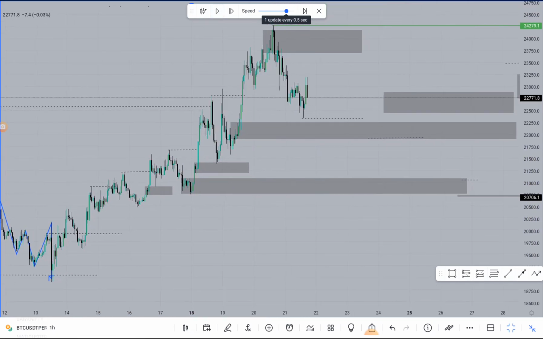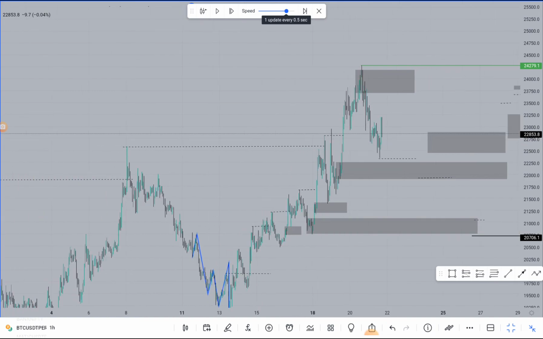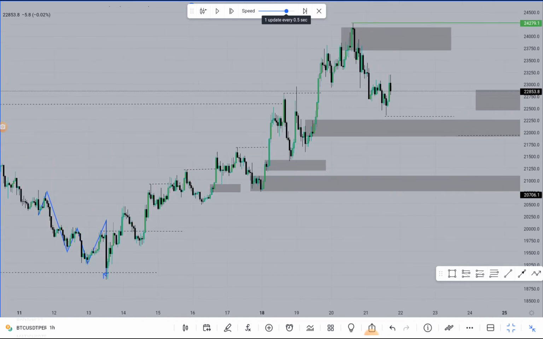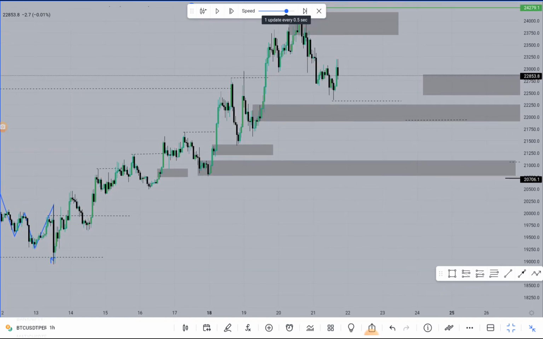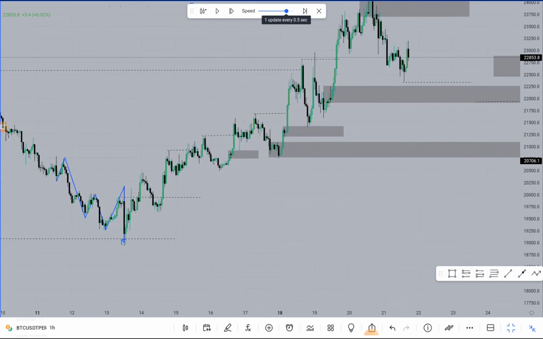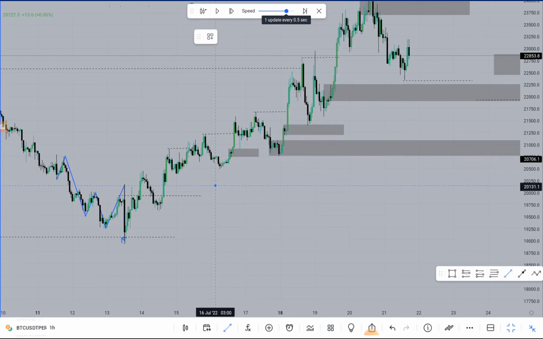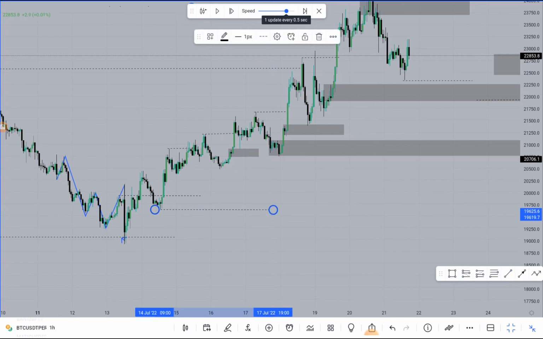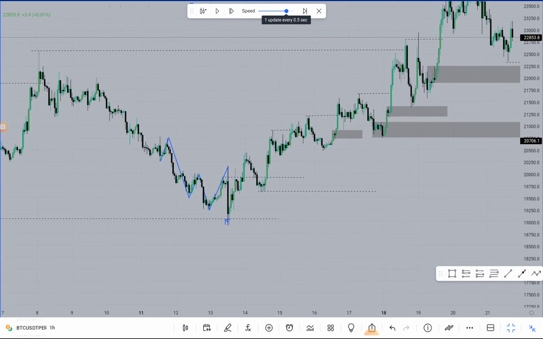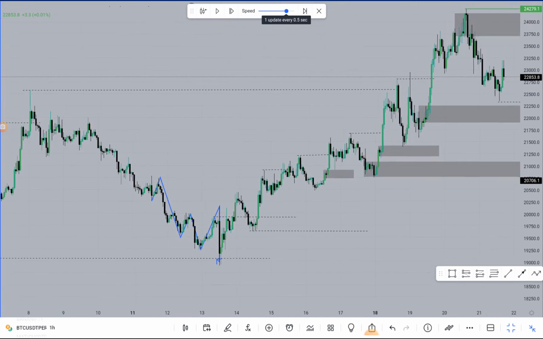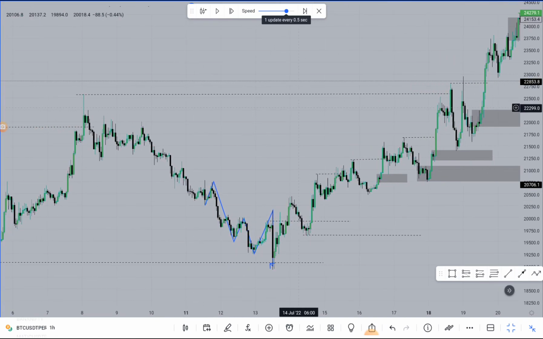Now this is a potential support. It's very easy to spot support on your trades. So this is a support. The top is a resistance.